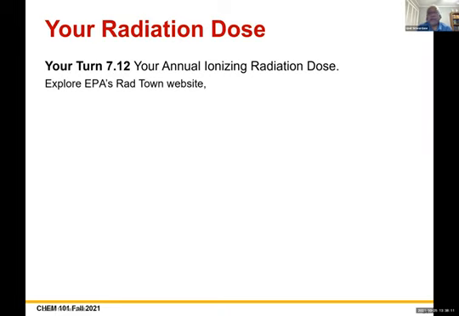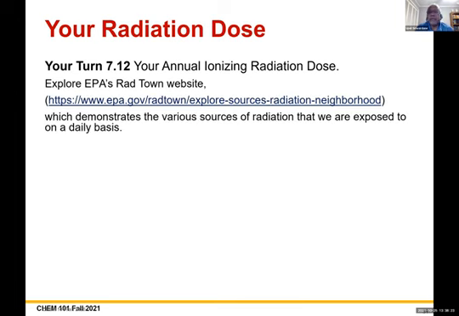So your annual ionizing radiation dose is guided by the EPA, on their website given here, which demonstrates various sources of radiation that we are exposed to on a daily basis. It outlines radiation sources in different neighborhoods. If you go there, you can find that out.